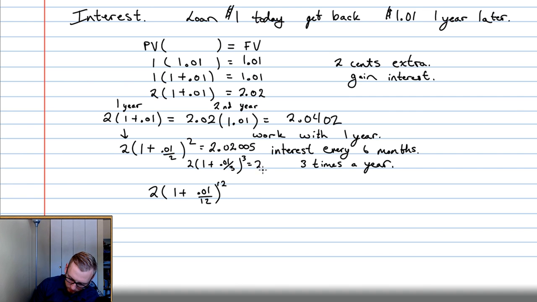There. 2.02006. Okay, this will end up getting bigger and bigger as we go. So this one, 2 times 1 plus 0.01 divided by 12: 2.02009. They're getting bigger and bigger.